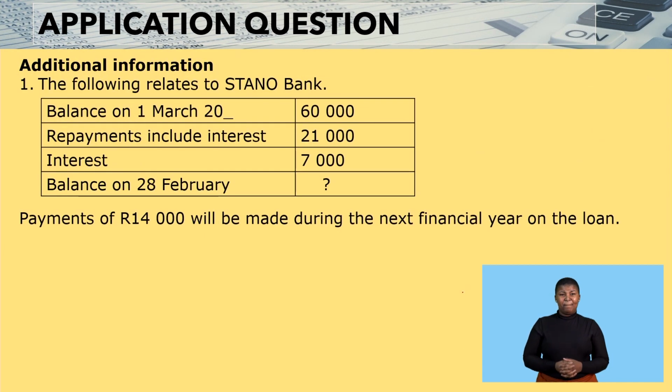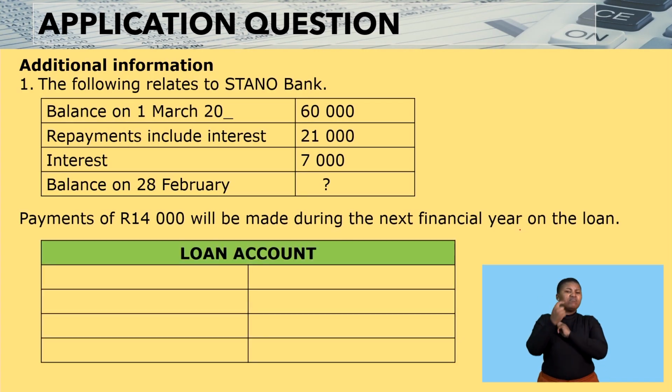All right. I have information, and it says, the following relates to Stano Bank. I have balance on the 1st of March, 60,000, repayments including interest and balance at the end. Then, payments of 14,000 will be made during the next financial year on the loan.